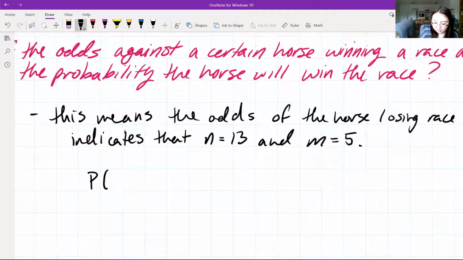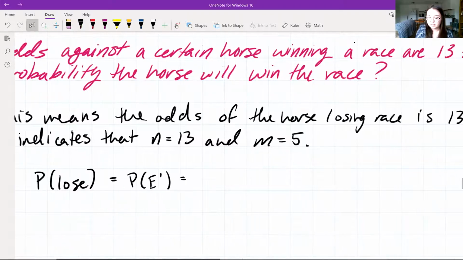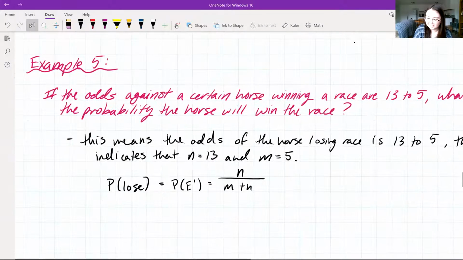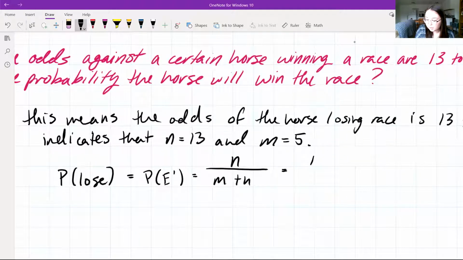So the probability that he loses, so we're going to write probability of lose, is the same thing as saying the probability of E prime, which we say is N divided by M plus N. We did say that was N, right? Yeah. So then we get 13 divided by 5 plus 13.